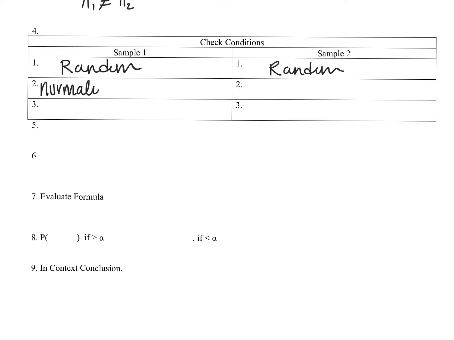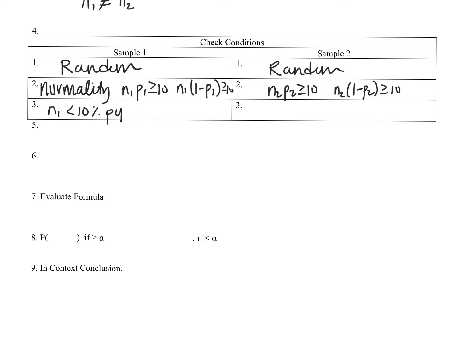But remember, normality with categorical data is doing n times p being greater than or equal to 10, and n times 1 minus p being greater than or equal to 10. And that needs to happen for each sample. And last but not least, n is less than 10% of the population for each of these samples.